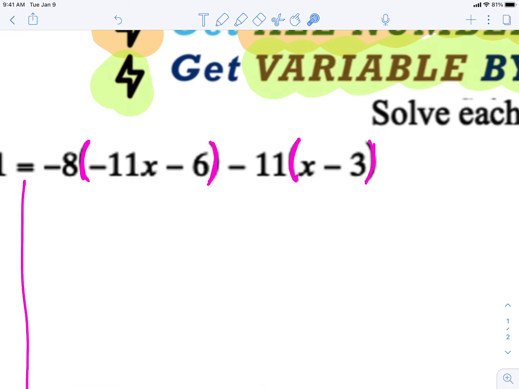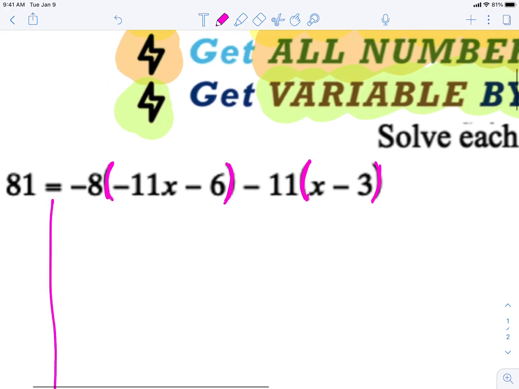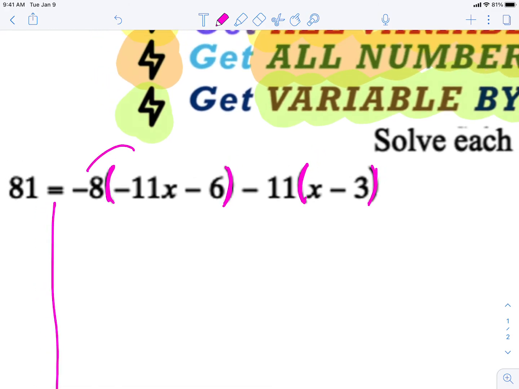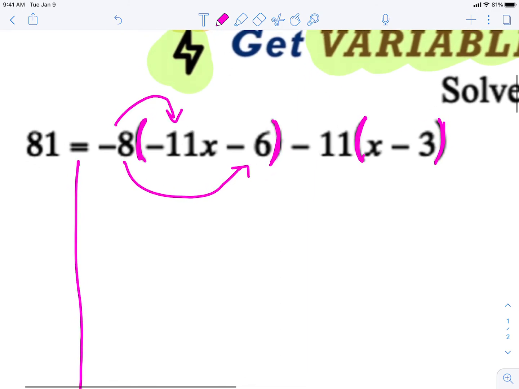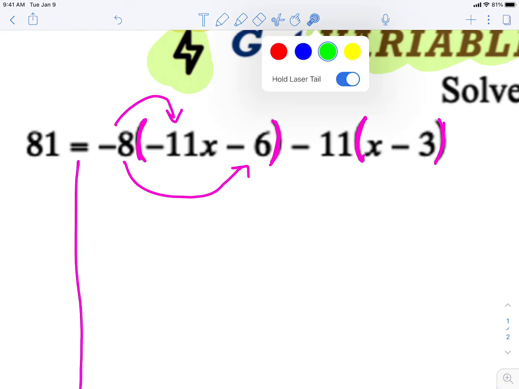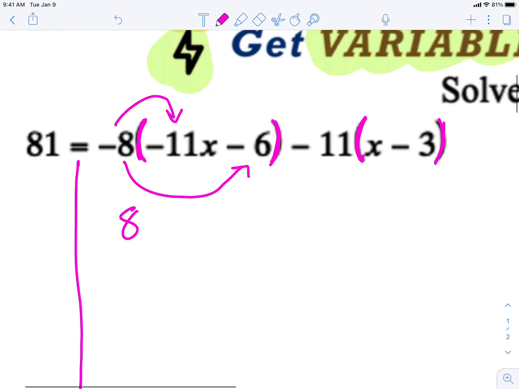So we are going to distribute this -8 first, right? This -8 multiplies with -11x on top, and -8 multiplies with -6 on the bottom. So we take it one step at a time, right? Negative times negative is positive. 8 times 11x is positive 88x, right?